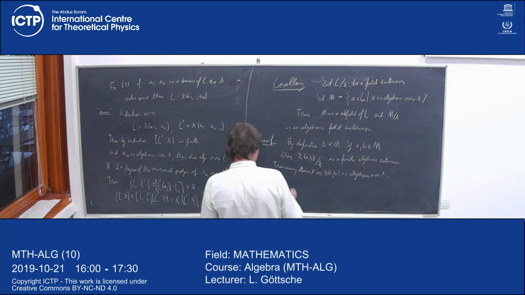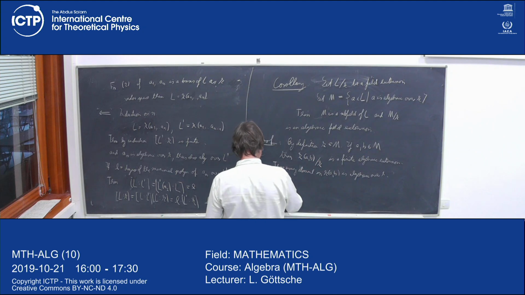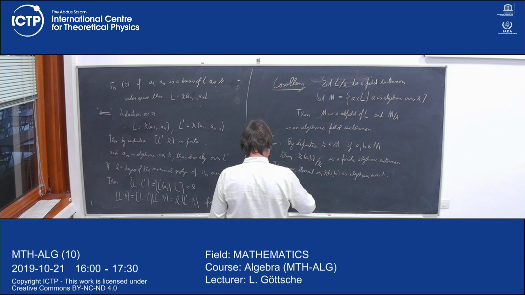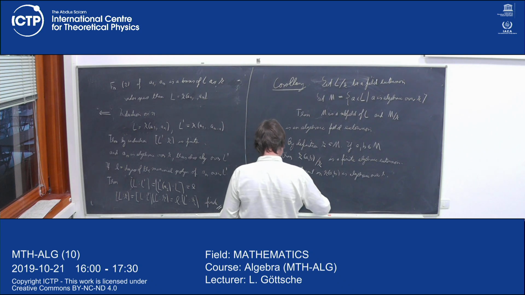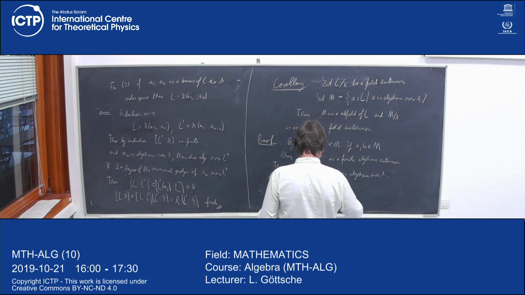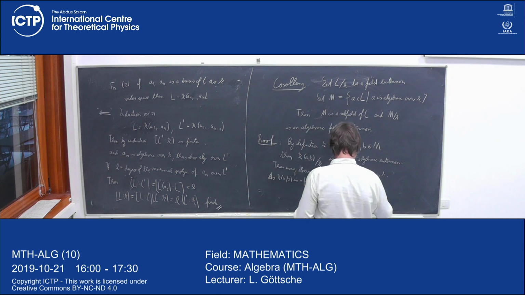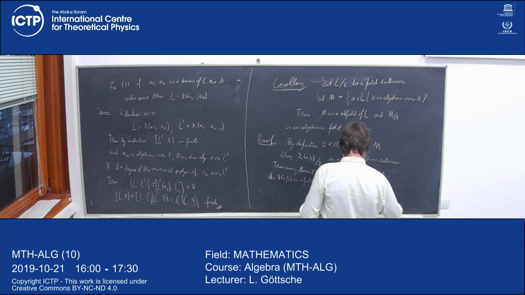And you know, K(A,B) is a field, so we have that A plus B, minus A times B, and A divided by B are all elements in K(A,B).